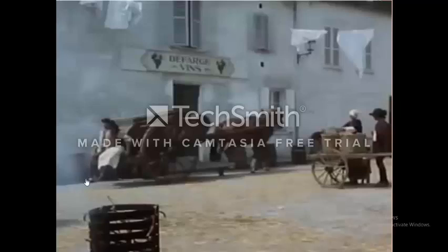This scene shows how people were living in poverty and in misery. This is Saint Antoine Street, and this is Monsieur Duvarge's wine shop. One of the casks was broken.